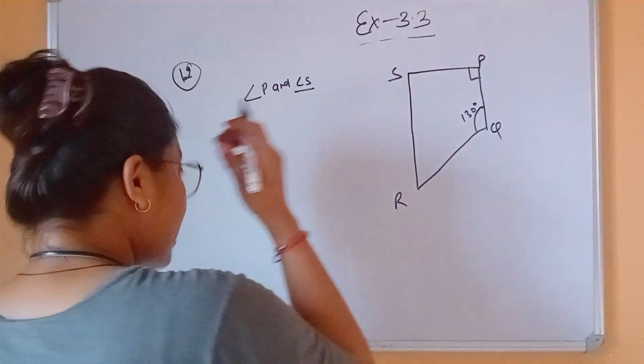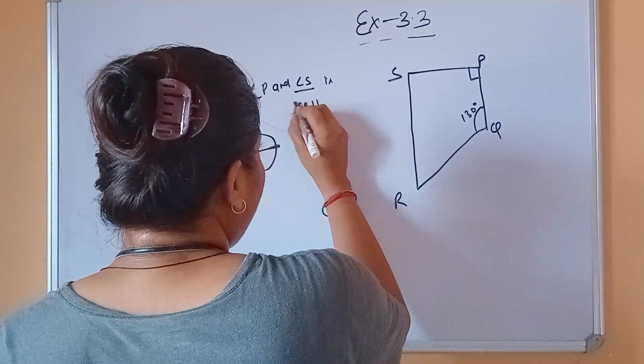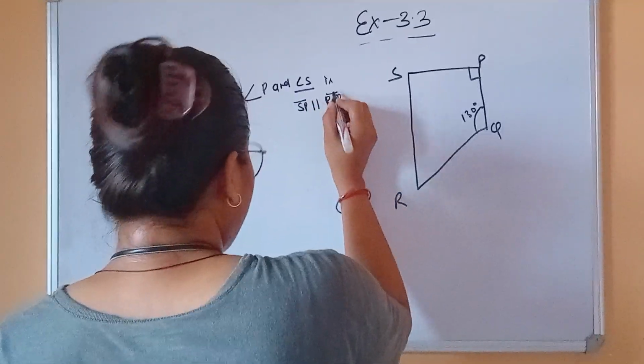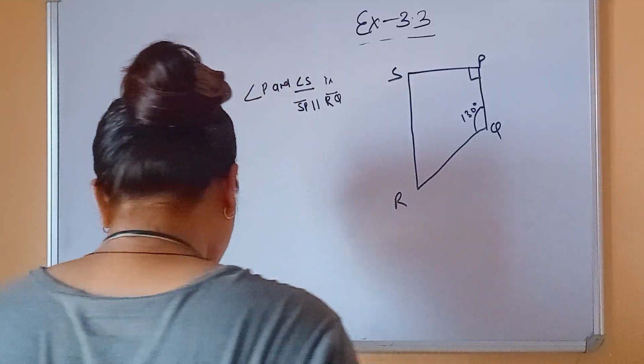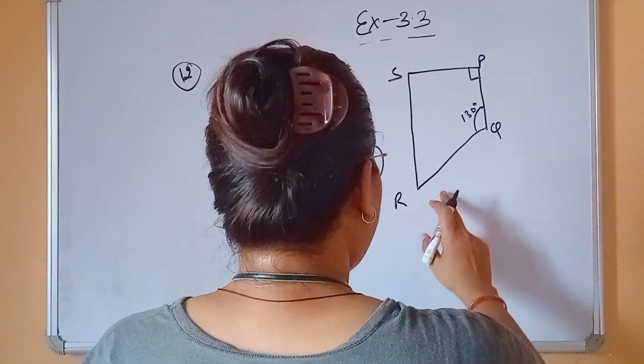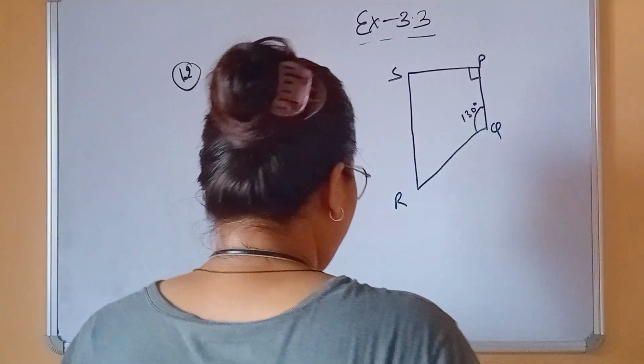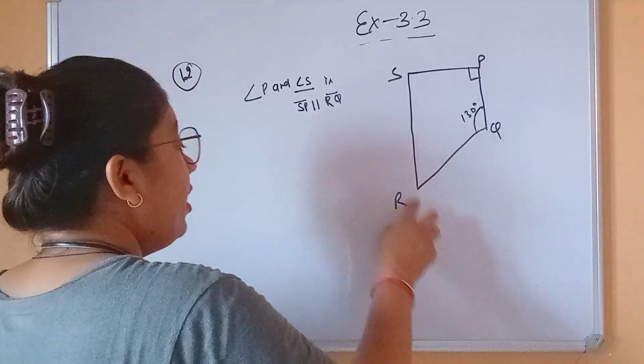So if SP is parallel to RQ, then find angle R. There is more than one method. So we find angle R by two methods.